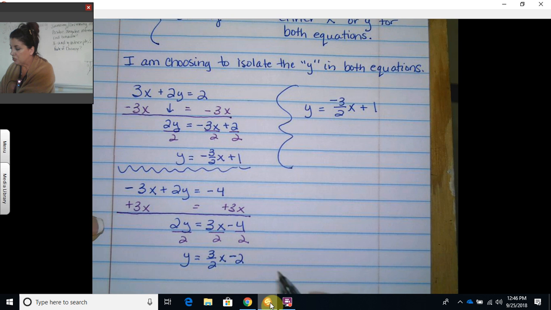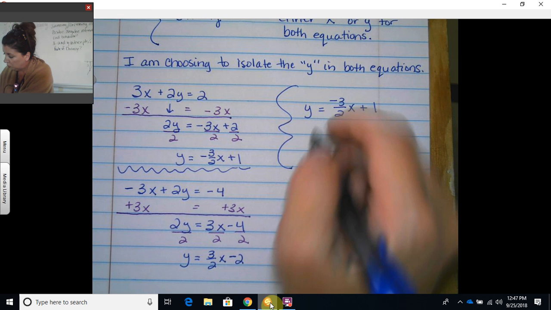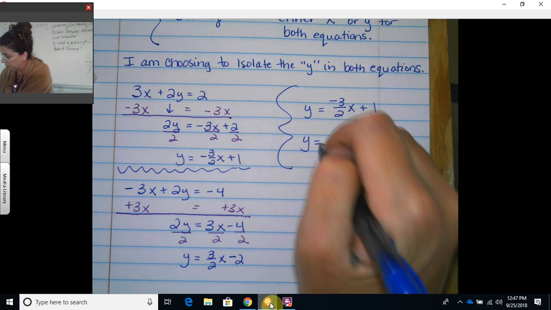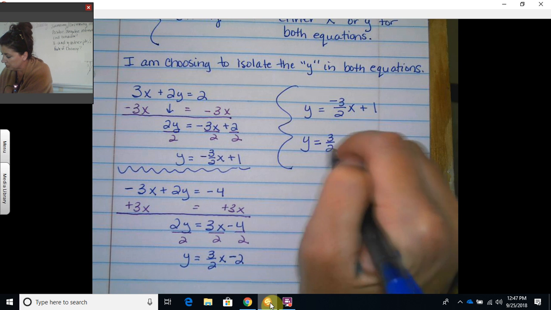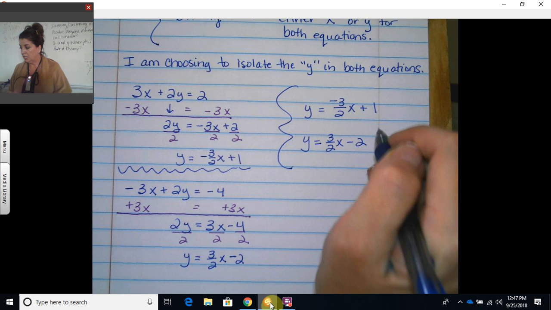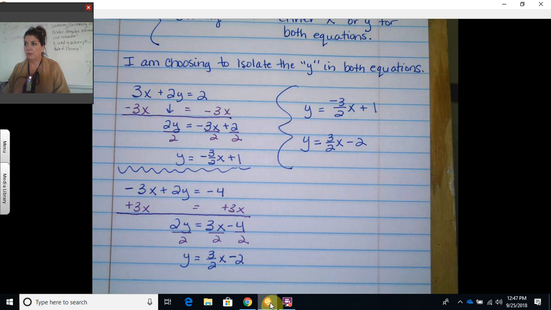So this bottom equation was converted to slope-intercept form, and it's y equals 3 halves x minus 2. So if I wanted to solve by graphing, now they're in slope-intercept form, I could solve by graphing as well, correct? But in this lesson, we're solving using substitution, so that's what I'm going to do.